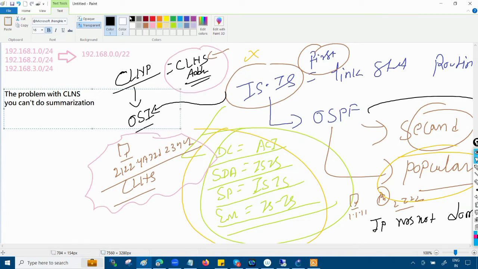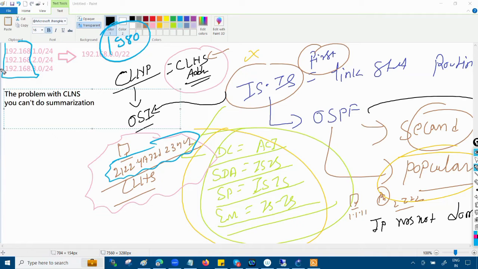Imagine you have just 20 hosts, forget millions right now, and you are still in the 90s and 80s. If I'm going to do summarization for CLNS, you cannot do that because the structure is totally different. To do summarization, your bits should match.